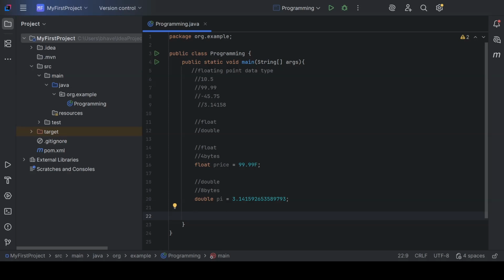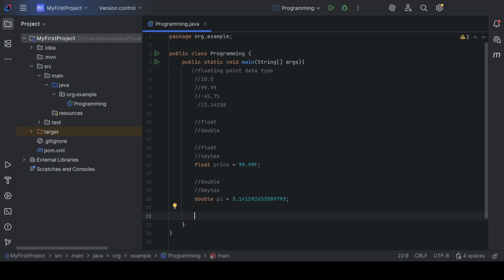Let's compare float and double. So float data type size is 4 bytes and precision is about 6 to 7 digits.